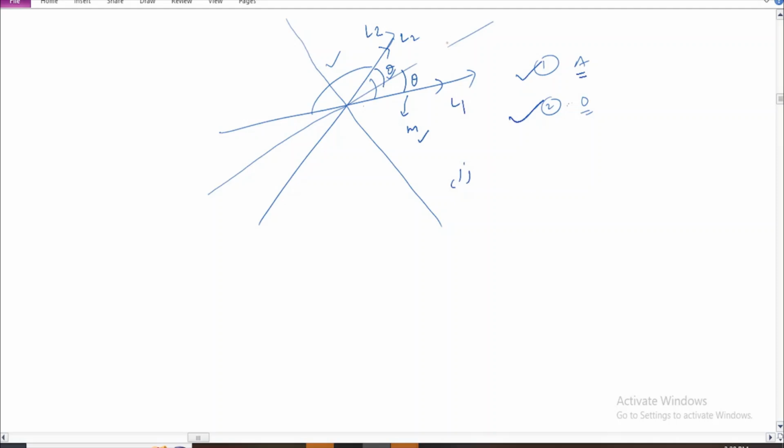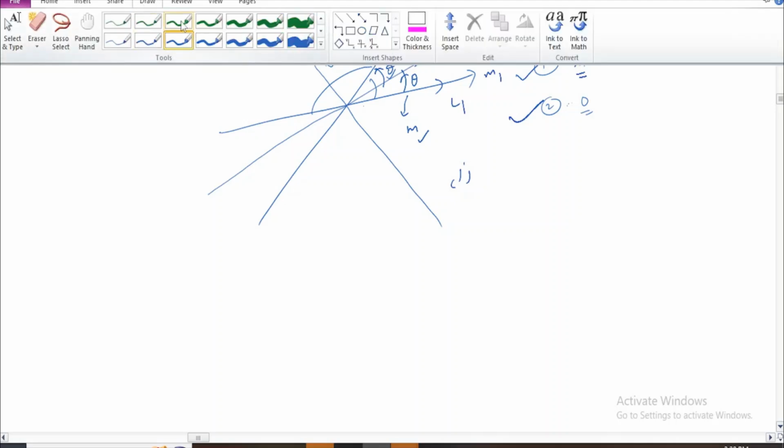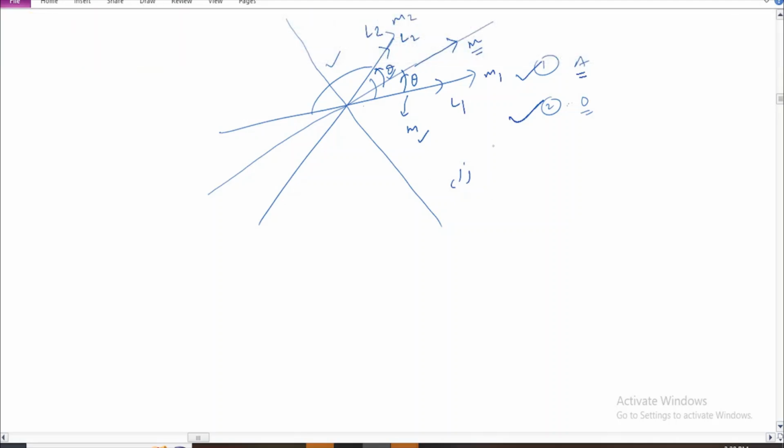Let's say the slope of the required line is m, the slope of this line is m2 and the slope of this line is m1, right? The angle bisector means equal angles subtended with these lines, right?